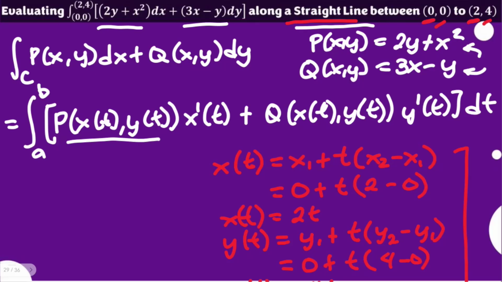But of course, this is not automatically what we need to substitute there, because our given function is actually 2y plus x squared for P and 3x minus y for our Q. We will have the corresponding illustration later on, because we also need to identify the first derivatives to complete our process.